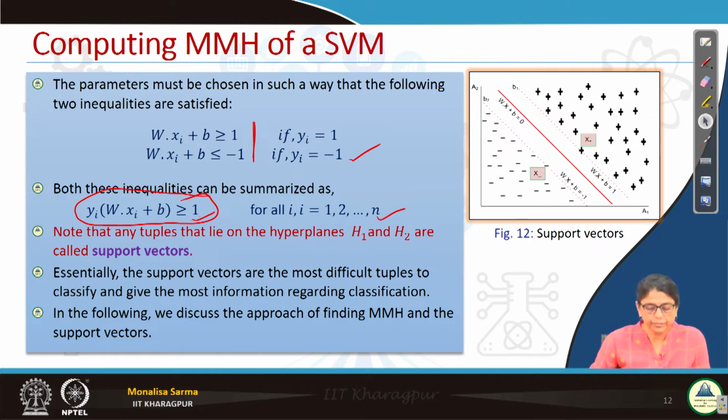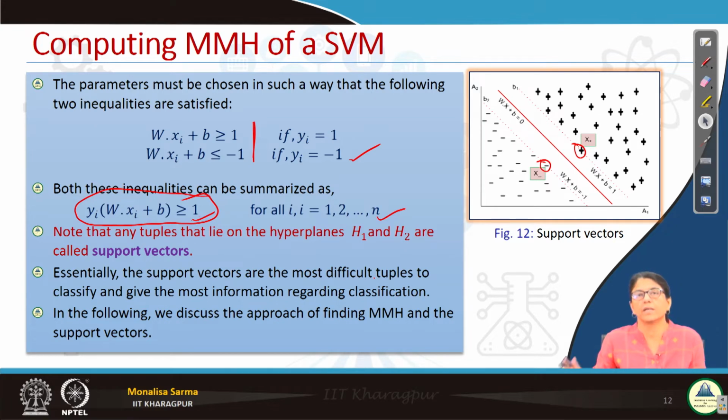Fine. Note that any tuples that lie on the hyperplanes H1 and H2 are called support vectors. This is very important. Here we see this is one support vector, and this is another, which lie on the hyperplane. Essentially, the support vectors are the most difficult tuples to classify.